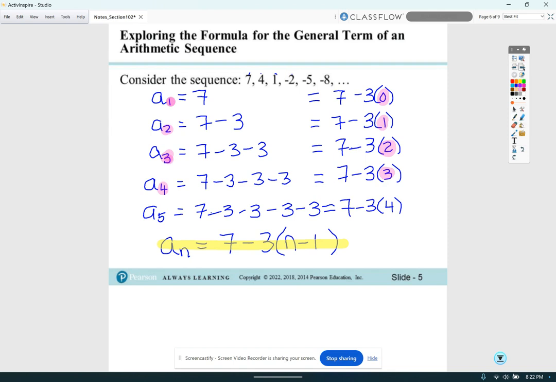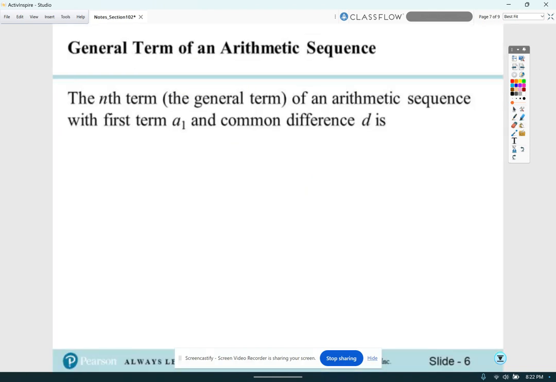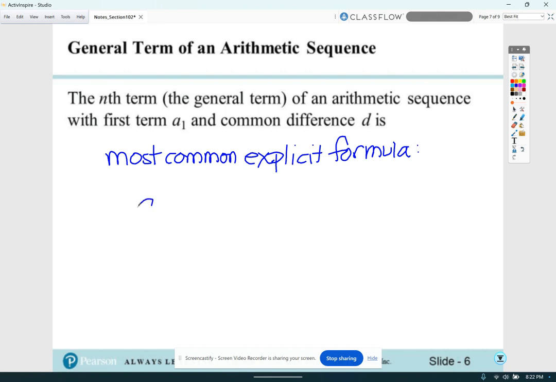Okay, so to summarize all of that, the nth term or the general term of an arithmetic sequence with first term a sub 1 and a common difference d, the most common explicit formula that we use to find that is a sub n equals our common difference, or our slope, times n minus 1, plus whatever the first term was.